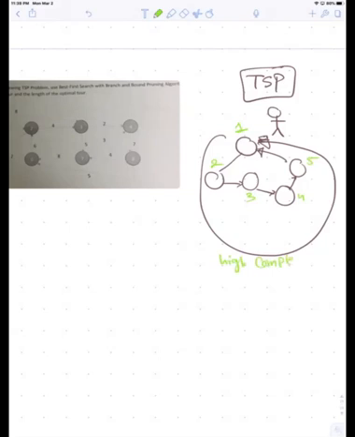Anyway, what we talked about so far is solving this problem using two methods. The first one is dynamic programming, and the other one is branch and bound.